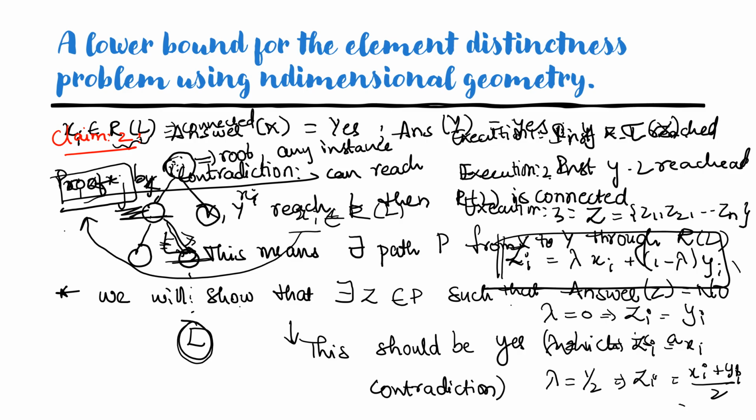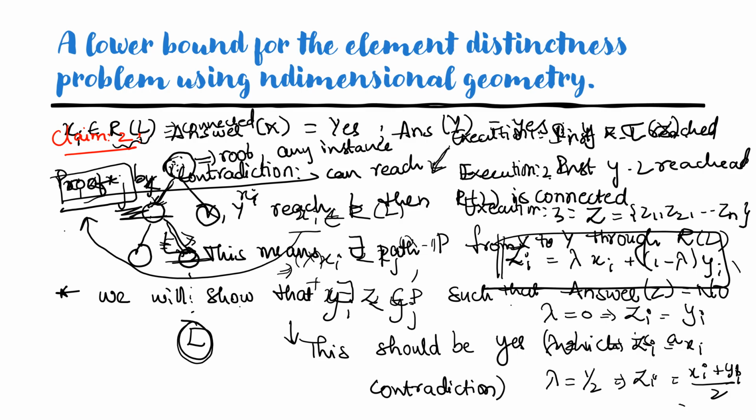So I can say that when execution 1 goes in the same branch and execution 2 goes in the same branch, I know that xi is less than xj. The condition is satisfied. Similarly for execution 2, I can say that yi is less than yj. Now I'm going to multiply lambda on one side and 1 minus lambda on the other, and I'm going to sum both.